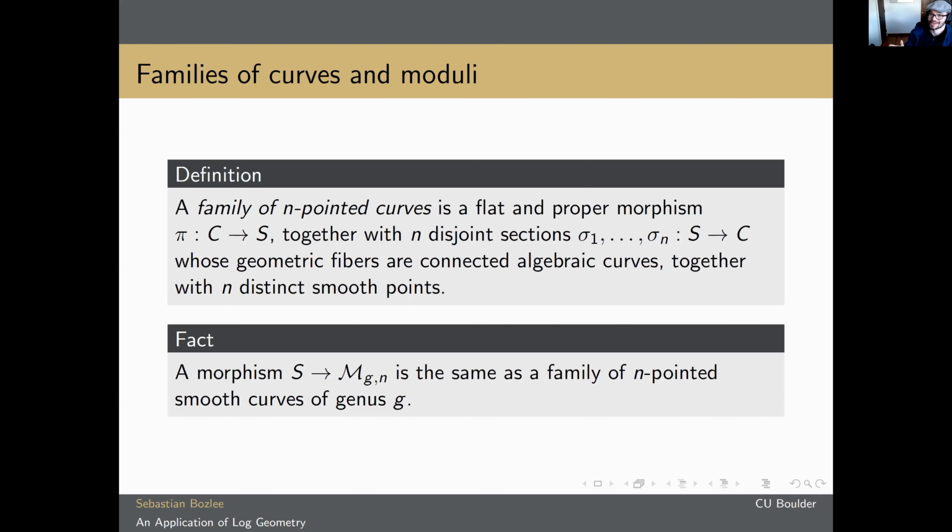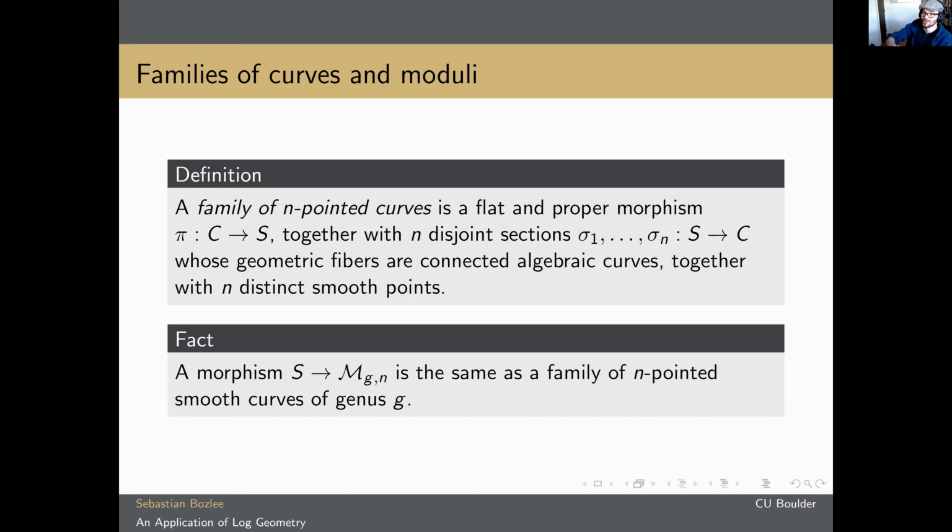Okay, so why define that so carefully? Why spend so much time on that? A morphism to the moduli space of curves is the same as a family of n-pointed curves. So this should make some sense, because every time you pick a point in the base of the family, if you look at its preimage, you get a curve with n points on it.